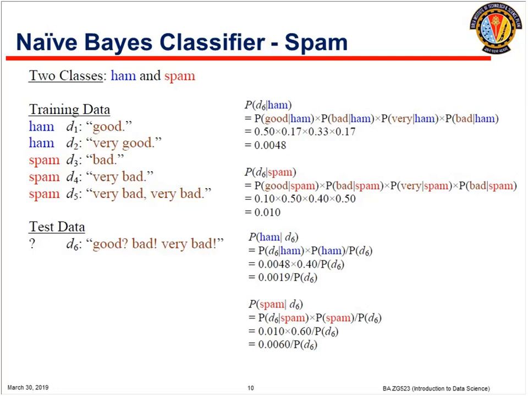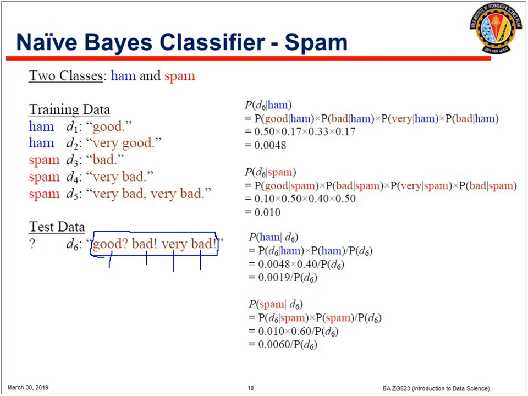Now you want to find out the probability that these 4 words are present, given that the document is ham. It is given that the class of the document is ham. Now what is the probability of these 4 words being present? Good, bad, very, bad.